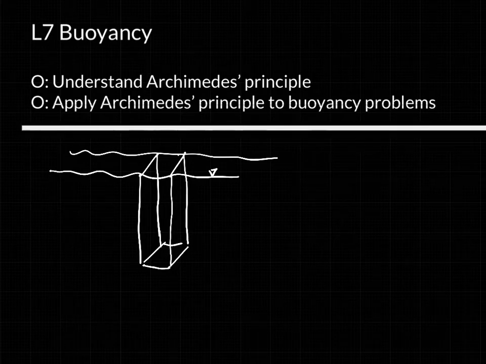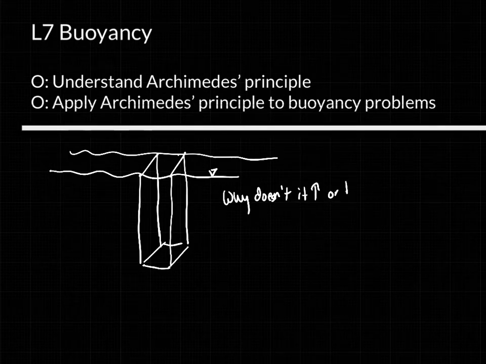The question I have for you for this column of water is, why doesn't it go up or down? Doesn't it rise or fall? This is a static fluid, and for any column you might say, well, why doesn't it go up or down? Hopefully you've been doing a lot of hydrostatics, and you've done a lot of statics.